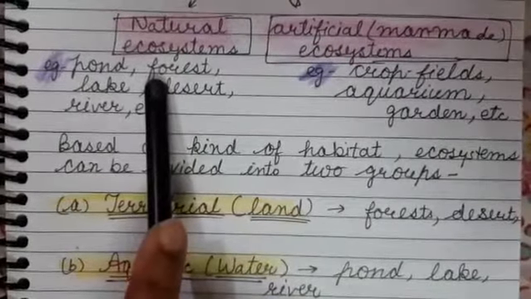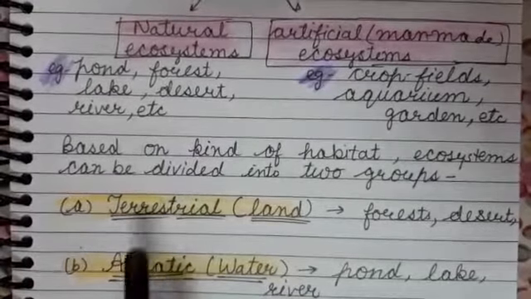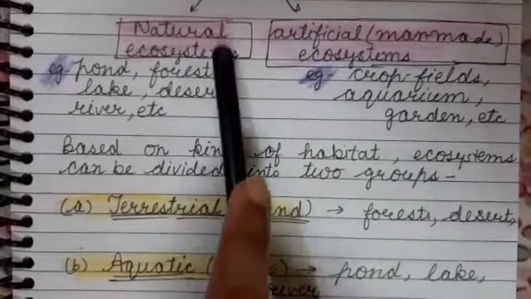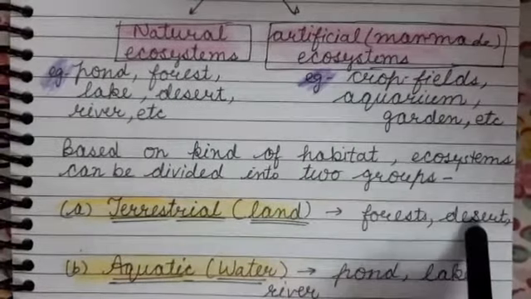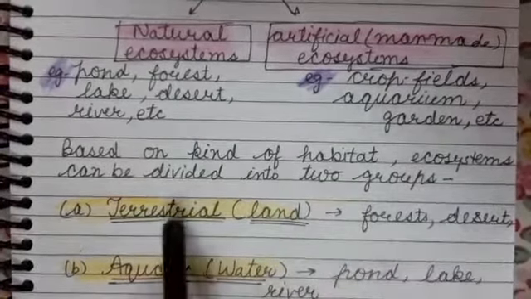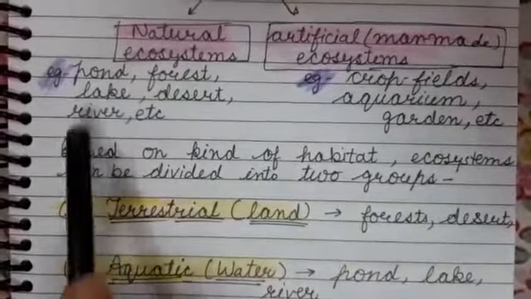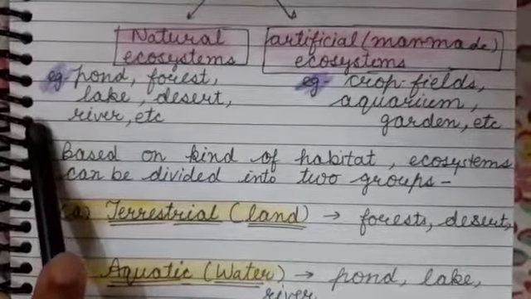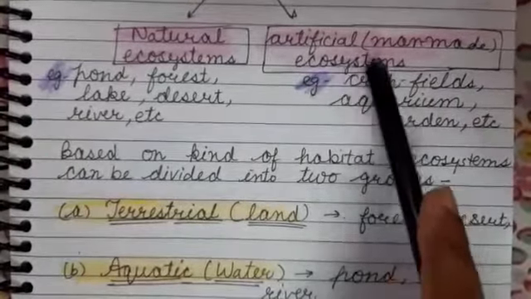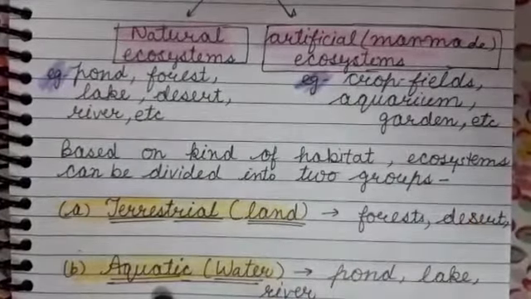Terrestrial means on land and aquatic means in water. So examples of natural terrestrial ecosystem are forest, desert. Okay, and natural aquatic systems are river, lake, oceans. Okay, then artificial ecosystems may be terrestrial or aquatic.